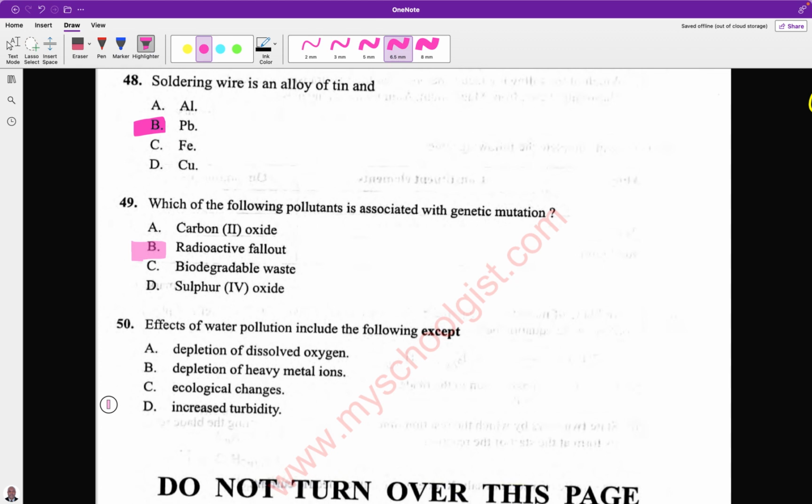There's going to be a depletion of the dissolved oxygen, resulting in the death of some aquatic organisms. So the only thing that is not involved in water pollution is depletion of heavy metal ions. So our answer for question number 50 is B.